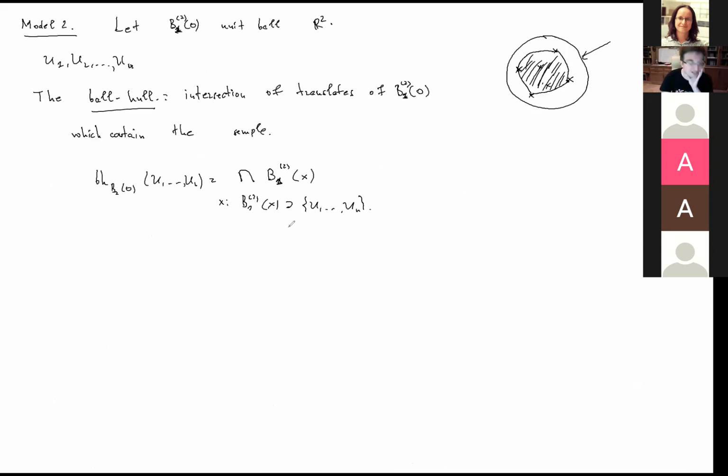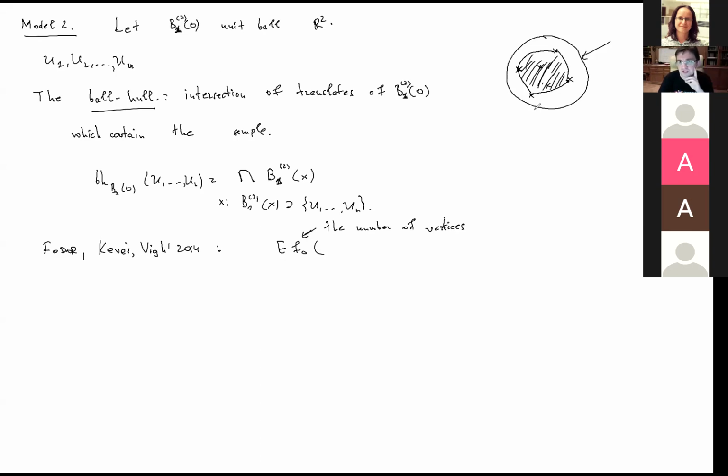Okay, and what can we say about this model? It possesses a very similar phenomenon. This is a result by three Hungarian mathematicians from 2014. So far we have considered only the two-dimensional case, and we can easily define the number of vertices for this model. F_0 is the number of vertices of this ball hull.